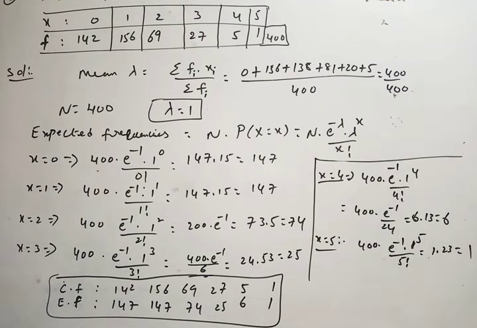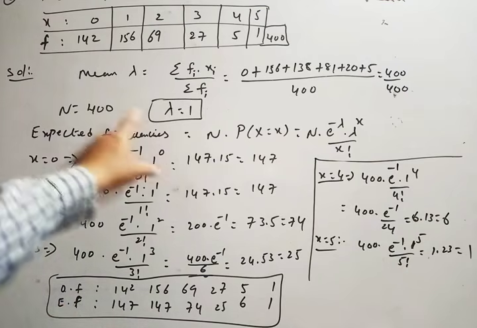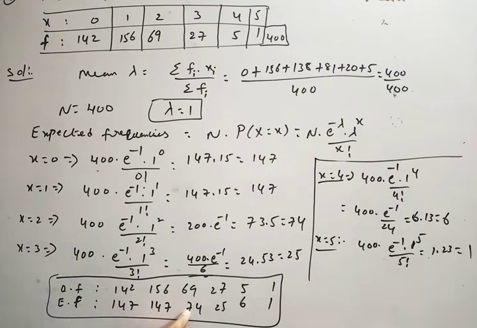Otherwise you can write these as the observed frequencies. If you do the total, you should get 400.